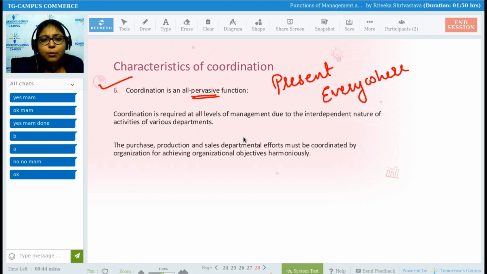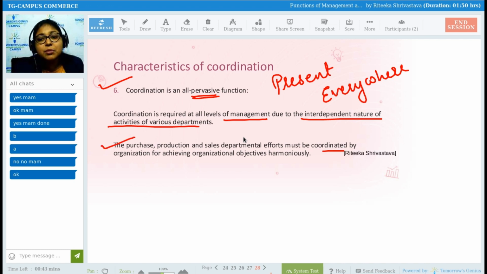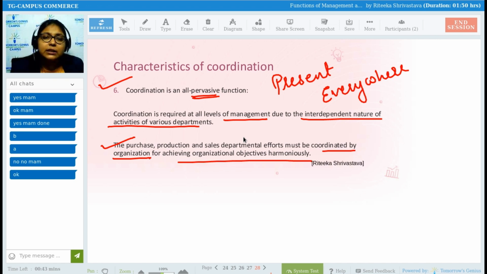Coordination is required at all levels of management due to the interdependent nature of activities of various departments. Purchase, production, sales departmental efforts must be coordinated by the organization for achieving organizational objectives harmoniously. So coordination is present everywhere, in every level of management, every department, and every organization, be it a big, small, or medium-sized organization.